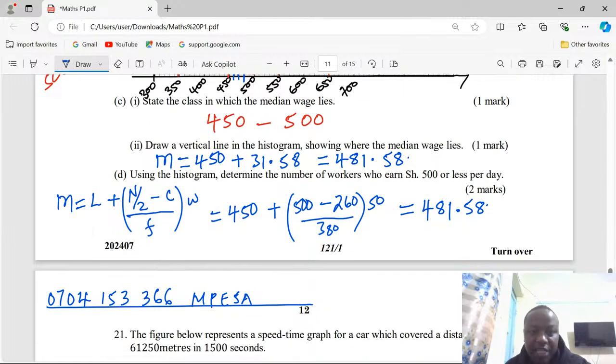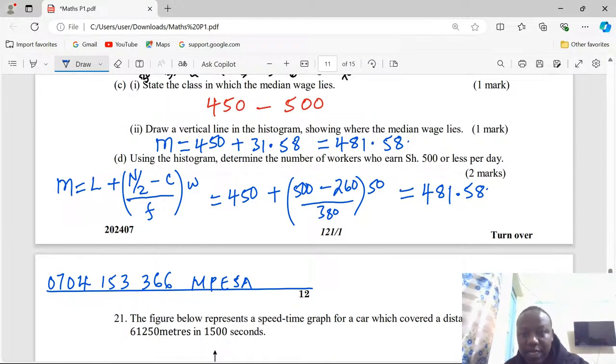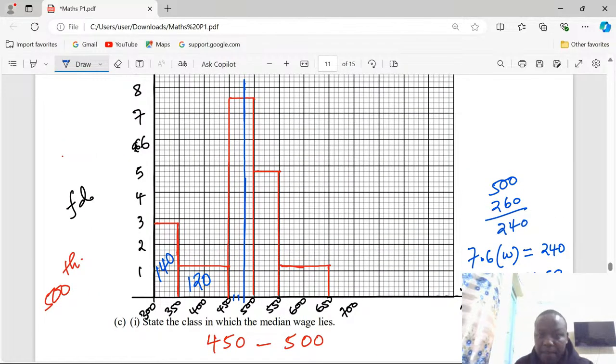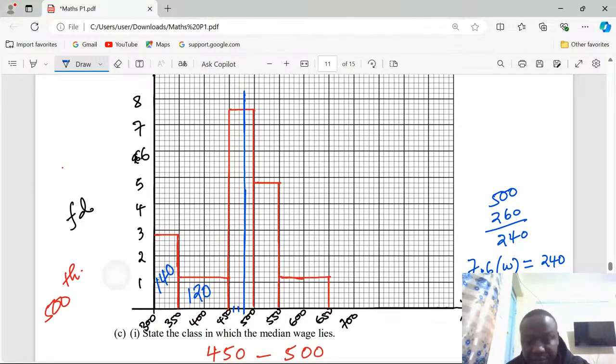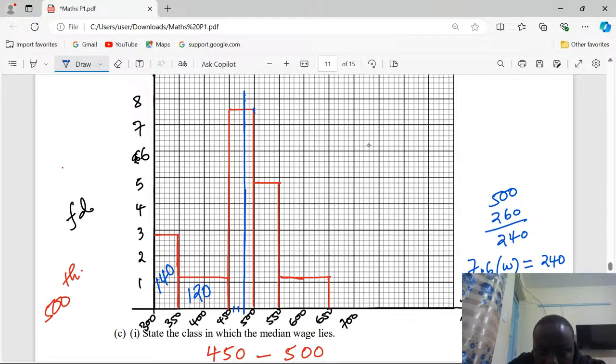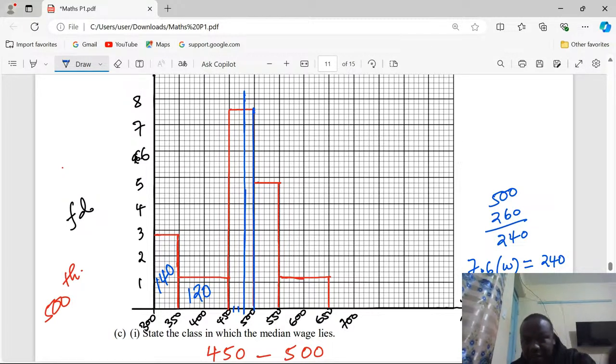Using the histogram, determine the number of workers who earn 500 or less per day. So for 500 or less per day, we are going to see where 500 is. 500 is here. When we talk of 500 and less, it means going backwards.